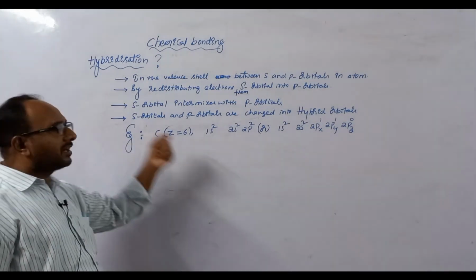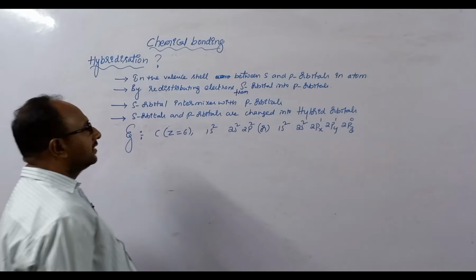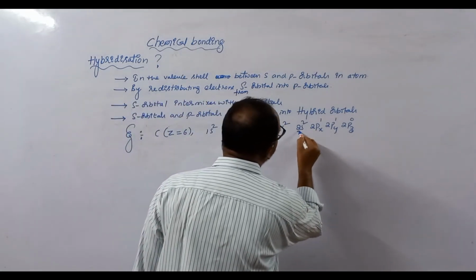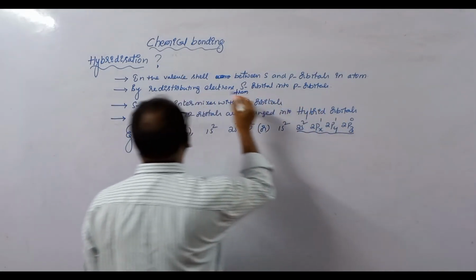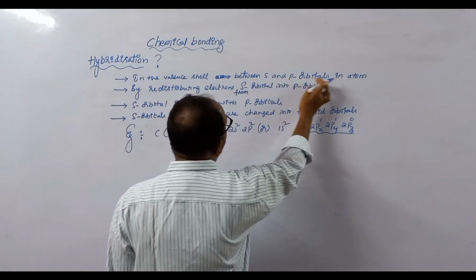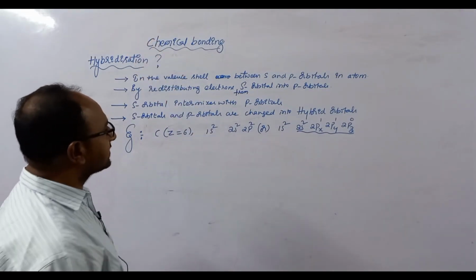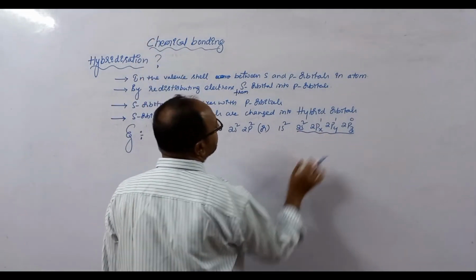When the carbon atom participates in a chemical reaction, in the valence shell between s and p orbitals, hybridization takes place. So the second shell is the valence shell.